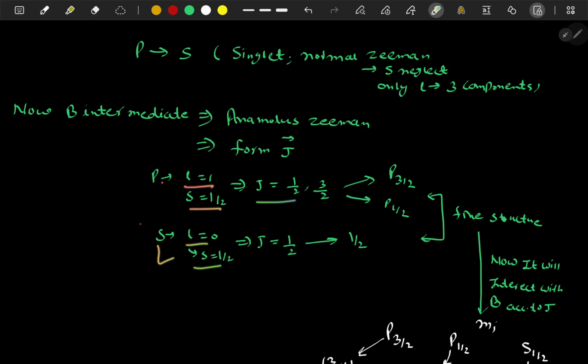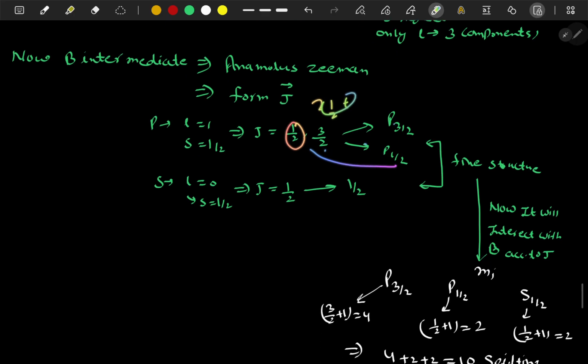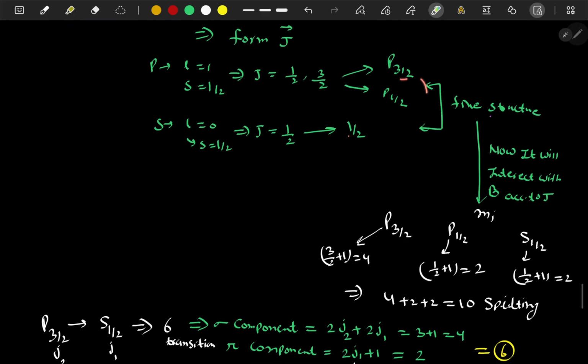So J equal to 1 by 2, 3 by 2, and J equal to half. It will be split into 2J plus 1 components, which will be P3/2 and P1/2. So how many components are we having? In the final structure 2 plus 1, 3.